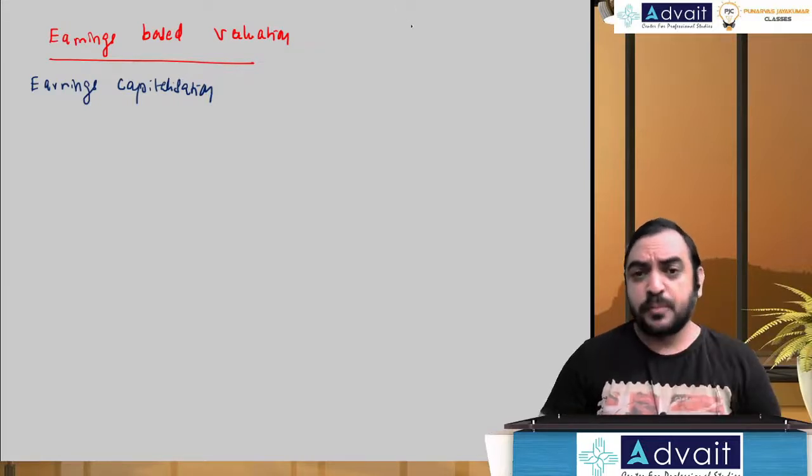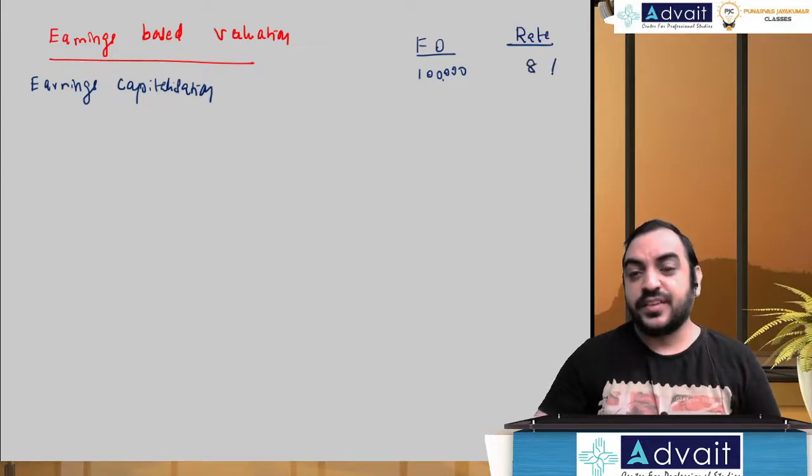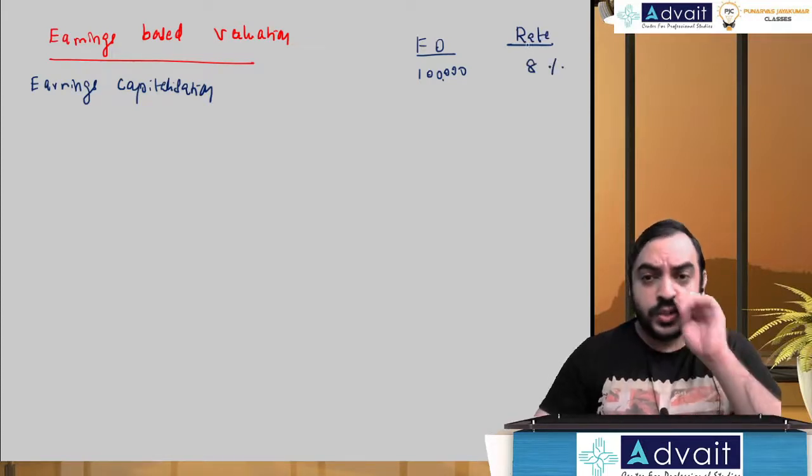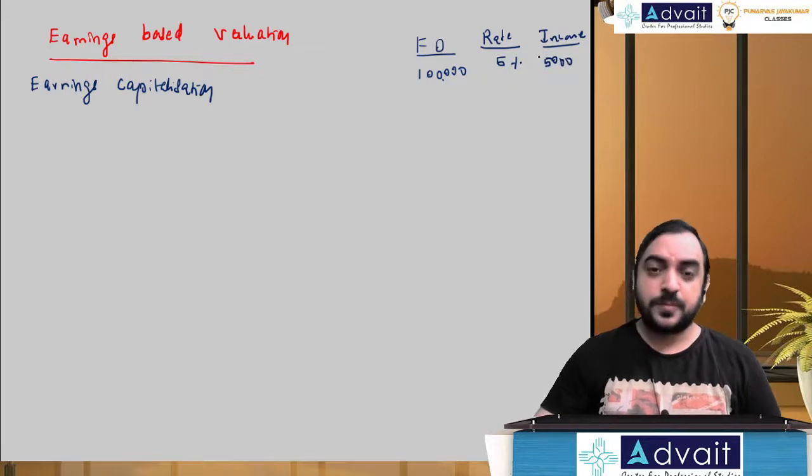It is like, for example, you have a fixed deposit of 1 lakh and the rate of interest of the fixed deposit is, let's say, 8%. So how much income do you get? I think 8% is high. Let's say I will select 5%. So what is the interest income? 1 lakh into 5%, that is 5,000.